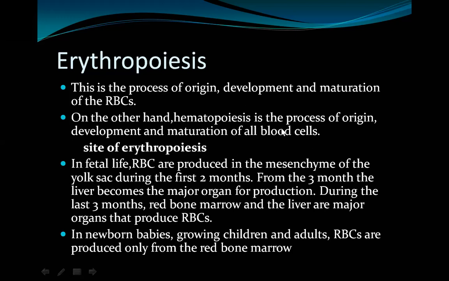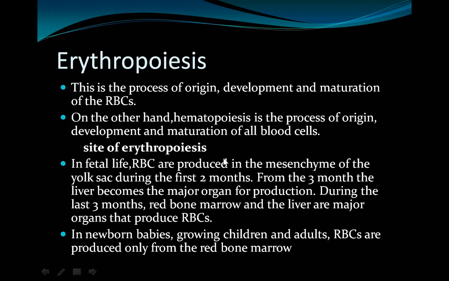Hematopoiesis is the process of origin, development, and maturation of all the blood cells. Remember we said erythro is red, so erythropoiesis is the synthesis of red blood cells, but with hematopoiesis we are talking about all the blood cells.